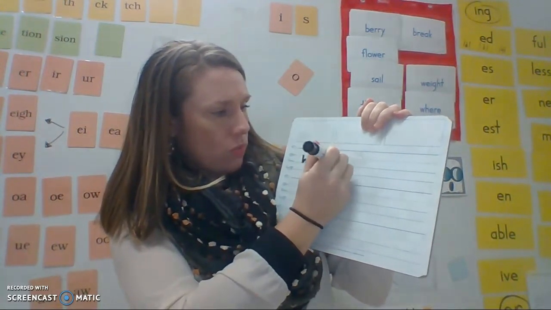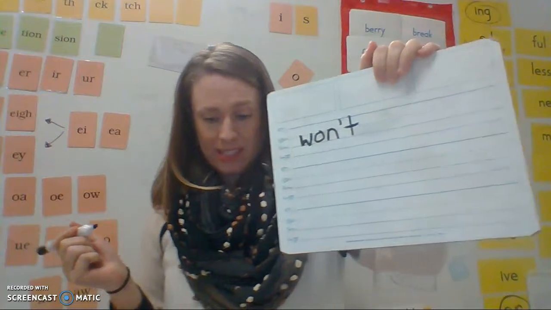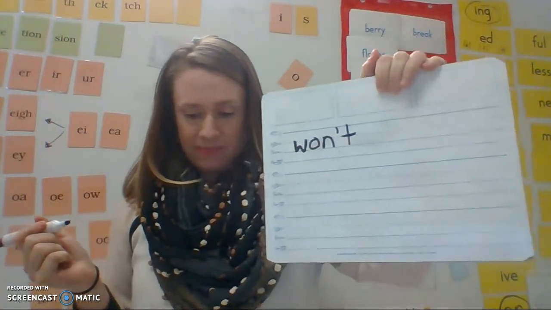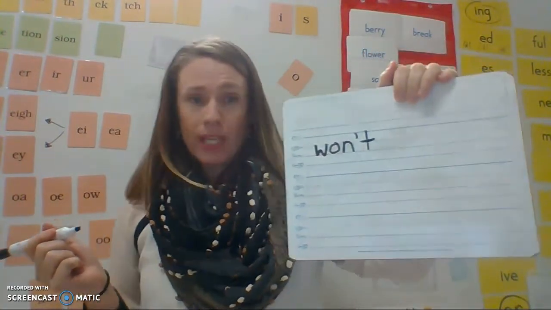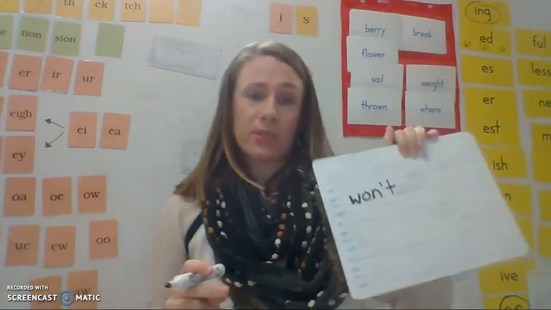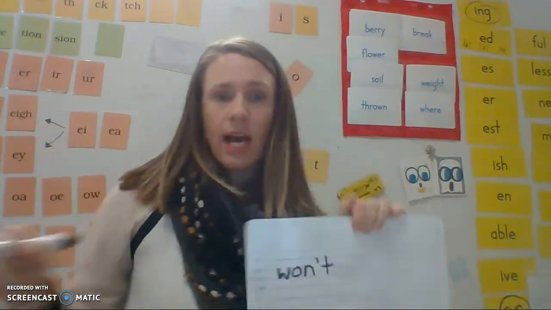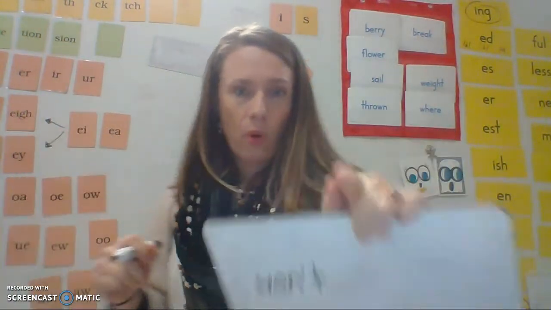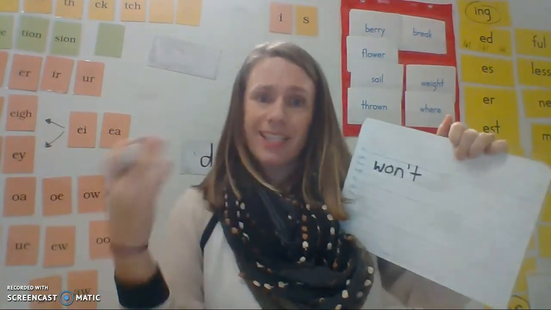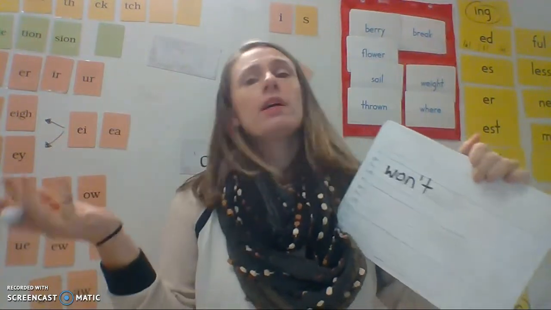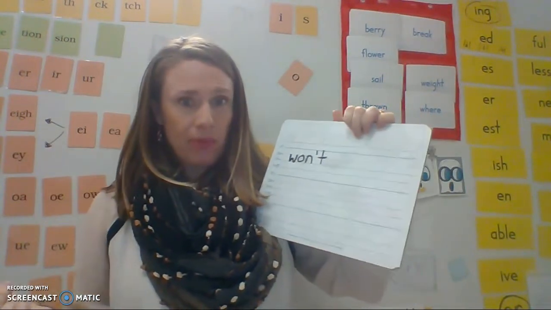Will not to won't. You have to erase a lot. Will not won't. All right, we're going to make up a song right here. Here we go. Will not won't. Will not won't. If any of you want to go make a TikTok about will not won't, please let me know and I'll put it in my video.